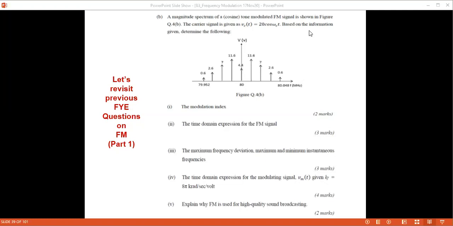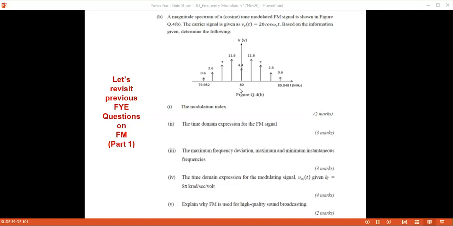Okay, so let's look at this question from last week's first part. You're given an FM spectrum. If you look carefully at the spectrum, you have to be able to distinguish the carrier and also the sidebands.